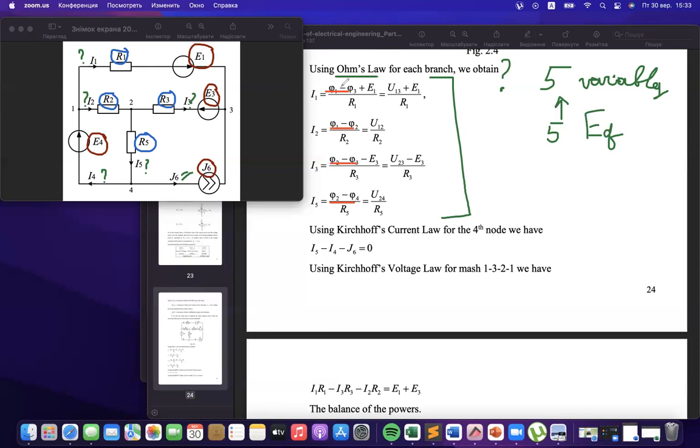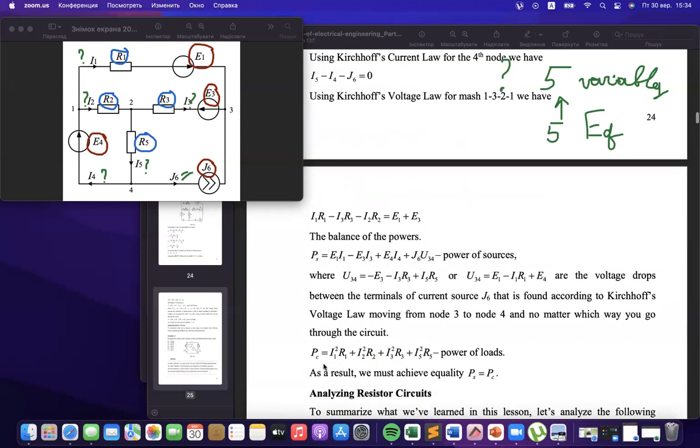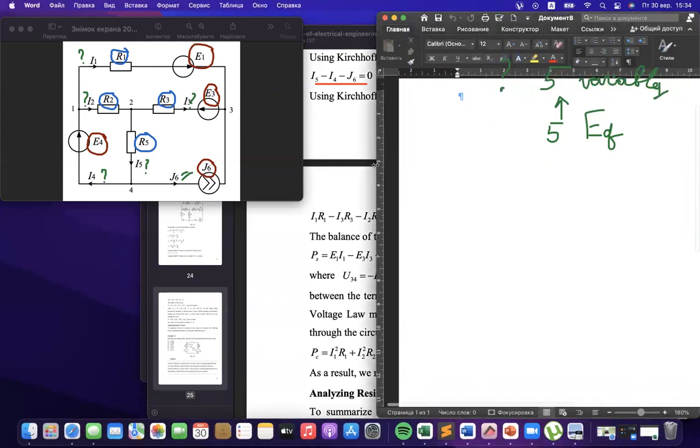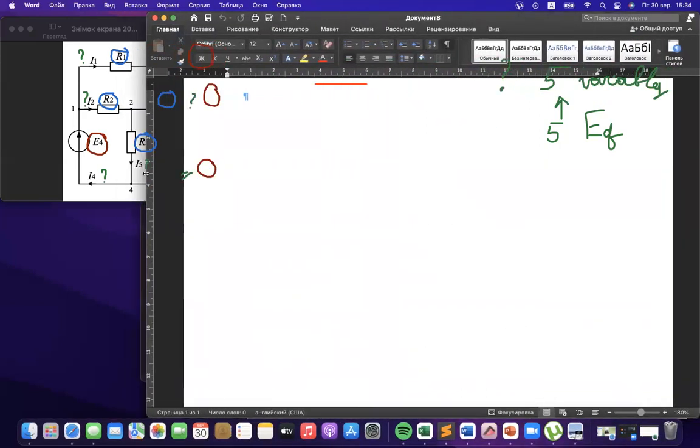That is why, before we know the voltages, we cannot use Ohm's law because we cannot get an answer. Then we could use Kirchhoff's law. We could write the current law and write some laws about voltages, how they should look.